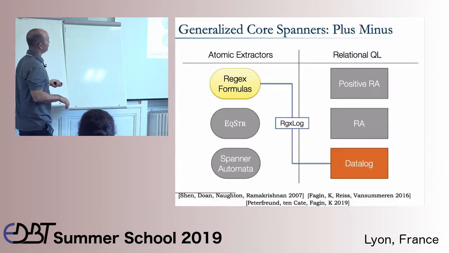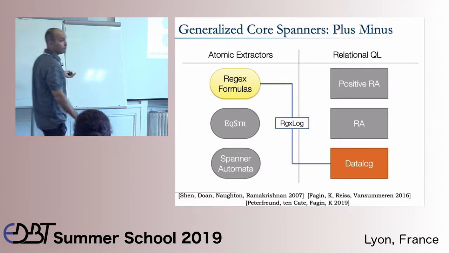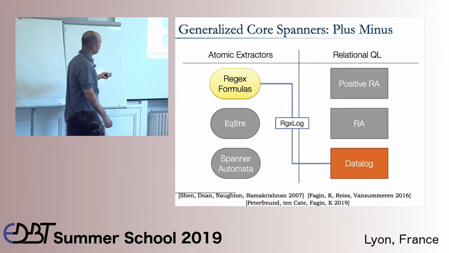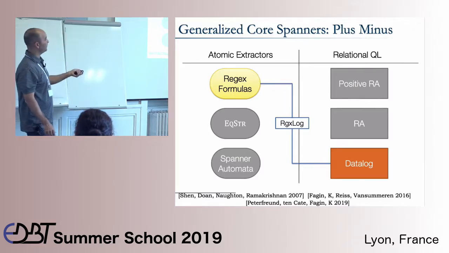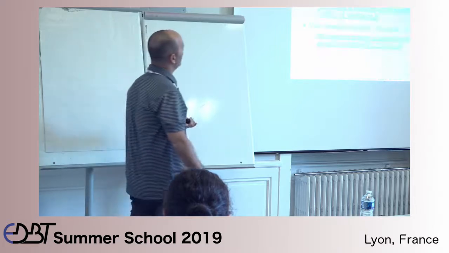And if you take Datalog on top of regex formulas, then you get several languages or several names of the same language. The Wisconsin group has called it Xlog, and in the most recent paper we called it RegexLog. Okay, so just Datalog over regex formulas, the example that I've shown.